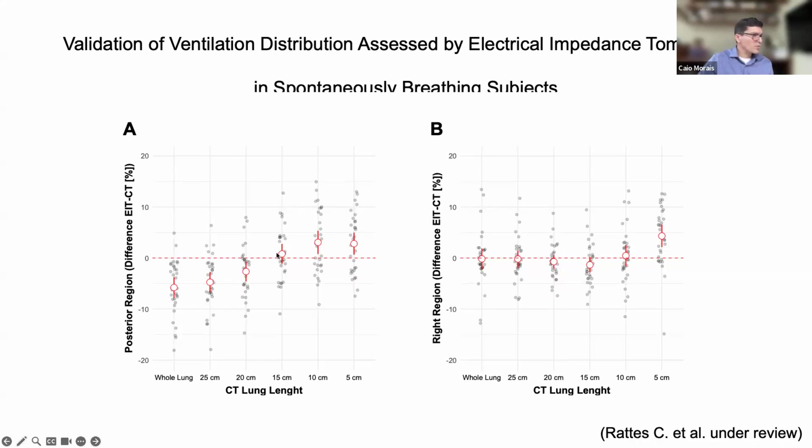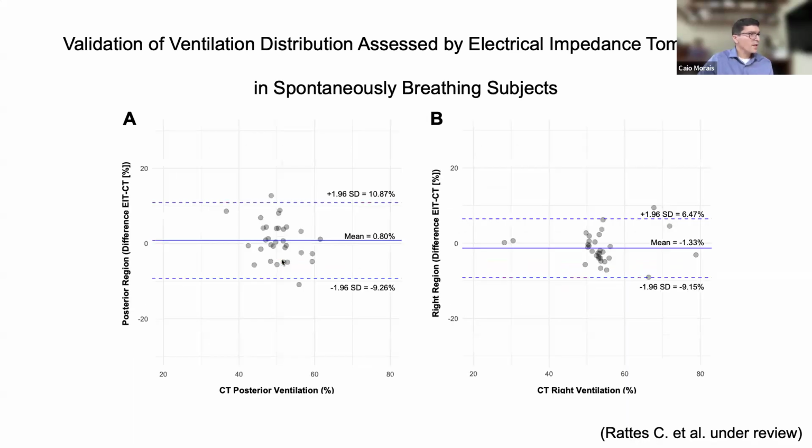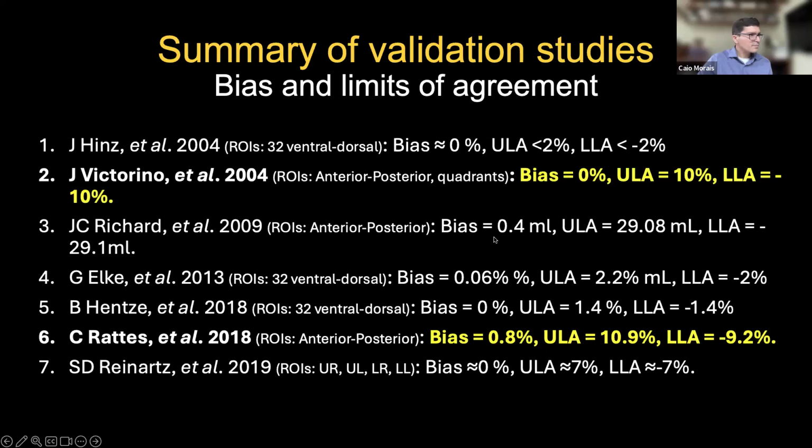When we are close to 15 centimeters, we have a bias close to zero, and we increase our chance of measuring something similar to the CT scan. The limits of agreement in this study were close to 10%, with a bias around zero for the posterior and anterior parts of the lung and the right and left parts of the lung.